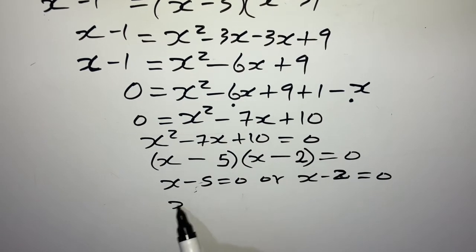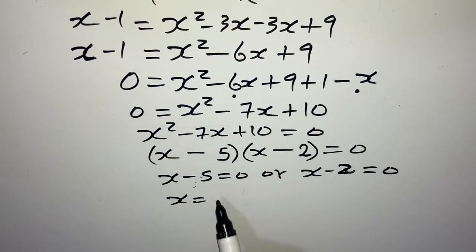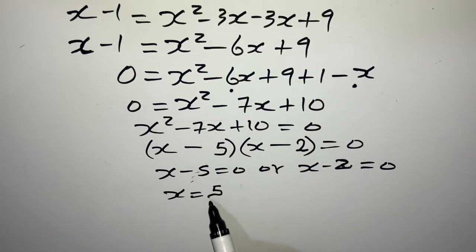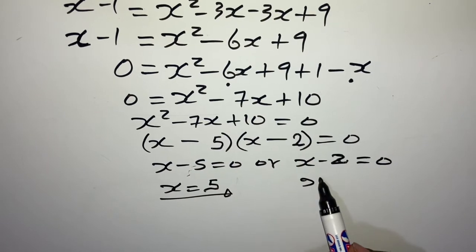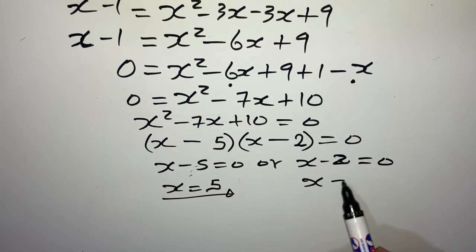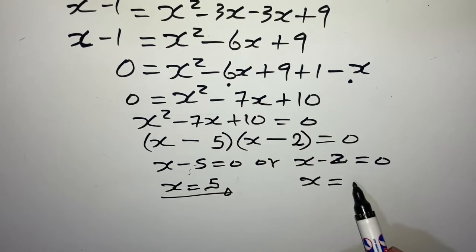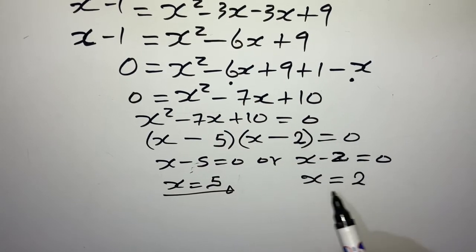Then x equals, take the 5 to the other side, the sign will change, it's a plus 5, x is 5. Then I do the same this side, I take the 2 to the other side, x is 2.